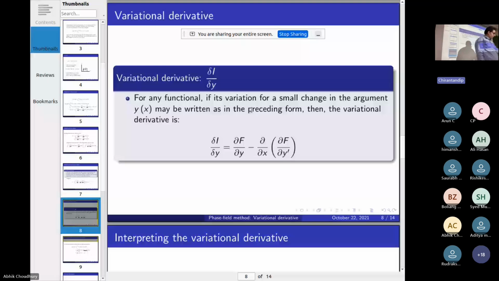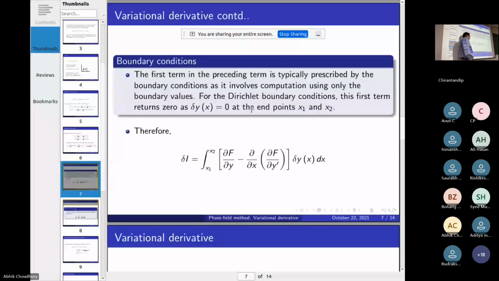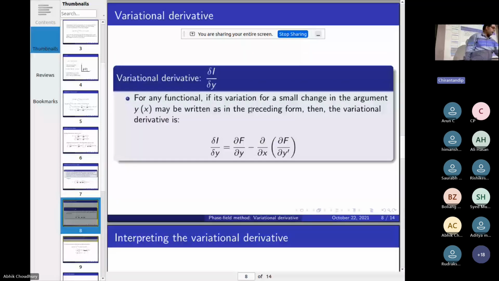That means if I can write down a small change in the integral as a term which looks like this, that is a term multiplied by a small function delta y, then the variational derivative of I with respect to a small change in y is the value of the integral.